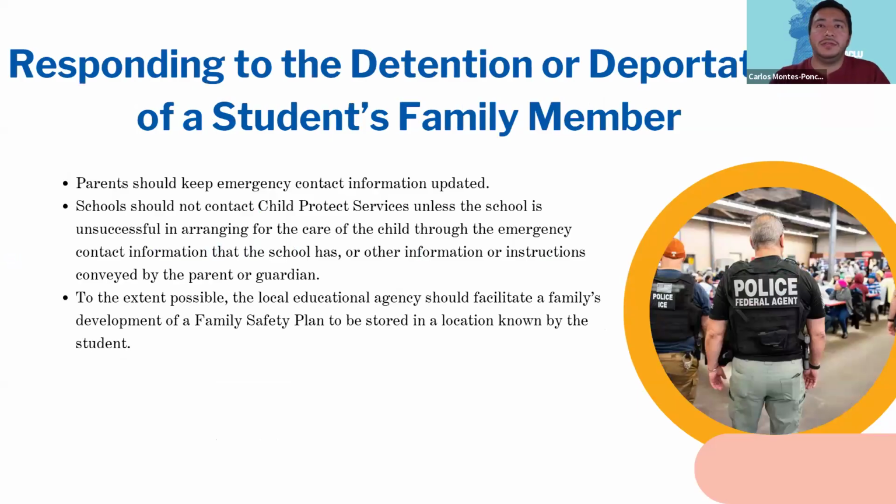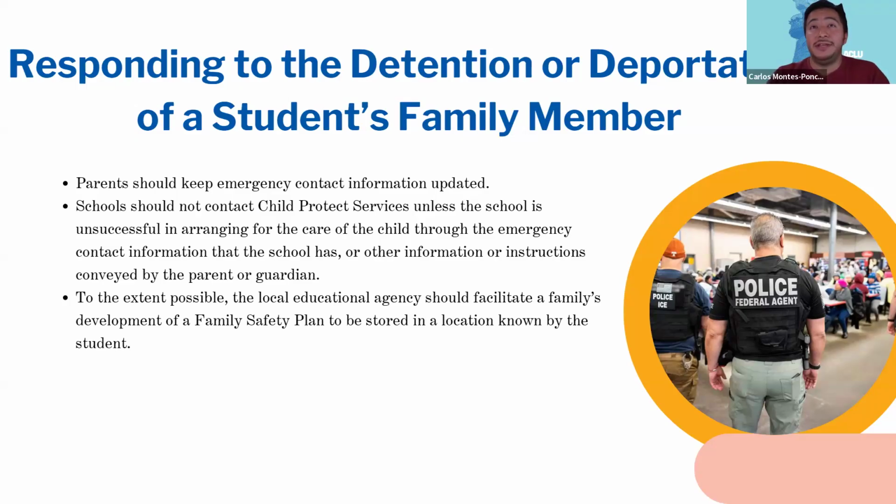Okay, so the other model policy deals with responding to the detention or deportation of a student's family member. And I mentioned earlier a family emergency preparedness plan. It's something that unfortunately not all of us like to talk about, but it's important to keep our emergency contact information updated, because sometimes when we don't prepare properly, a number of things can happen that we wouldn't intend, but they could potentially.